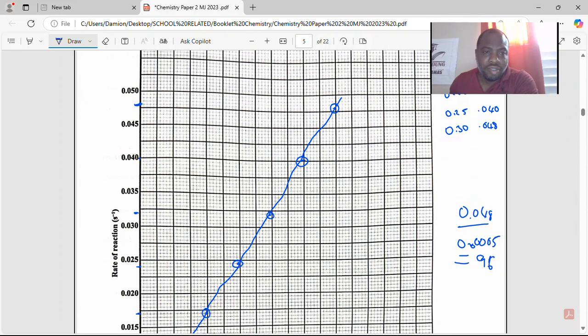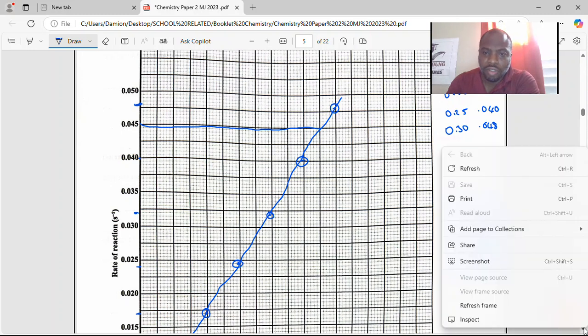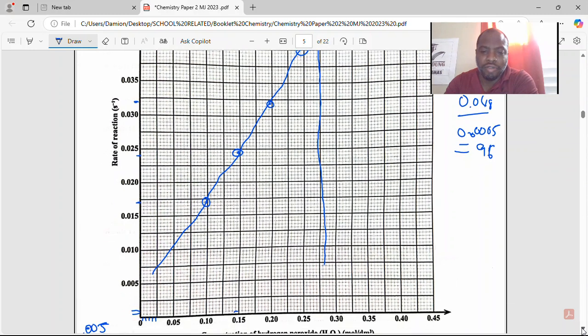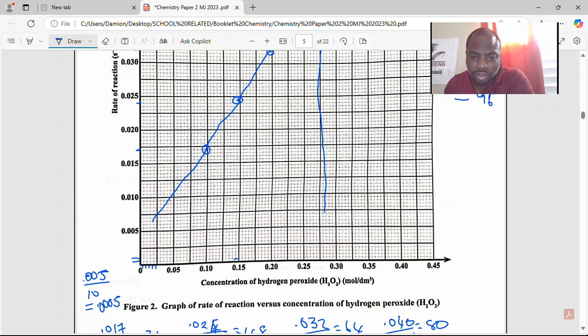So you take a ruler, and then we go down, straight down. We can't draw a straight line. Don't judge me. So what is the concentration?